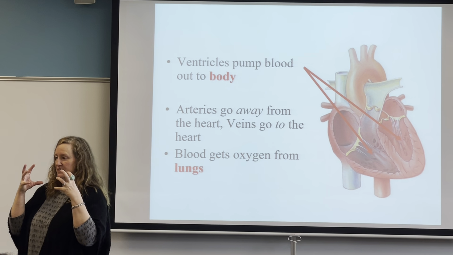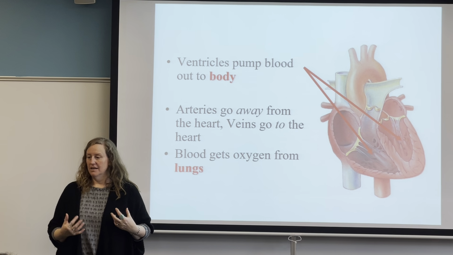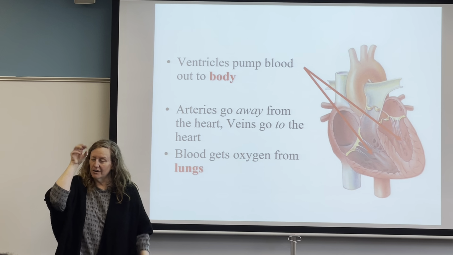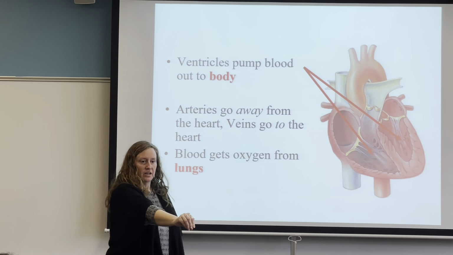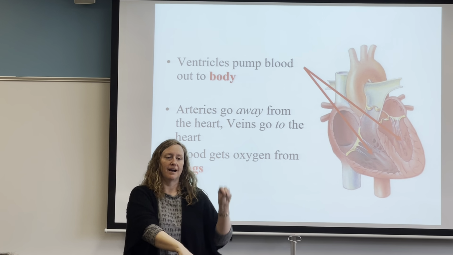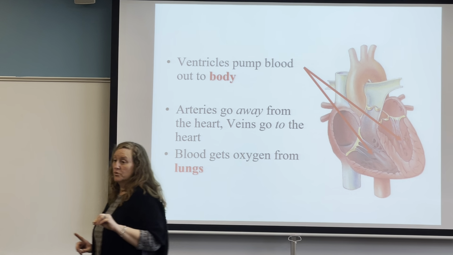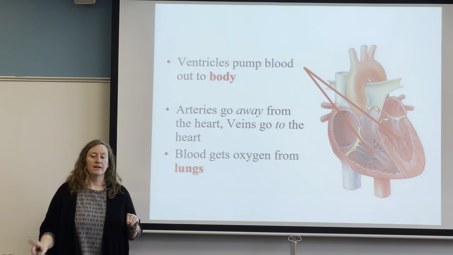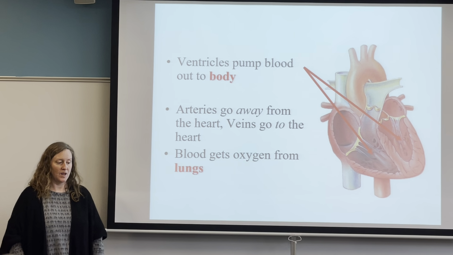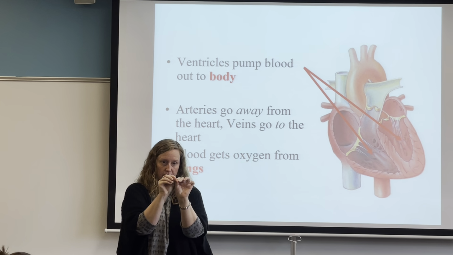So again, get in your heads that the act of breathing, the act of eating, and the act of pumping blood all go down to the cellular level to make your cells do cellular respiration, which means that you're using oxygen to efficiently break down your energy sources so that your cells can do their things and run and control the rest of your body. Everything we do is connected down to the cellular level.